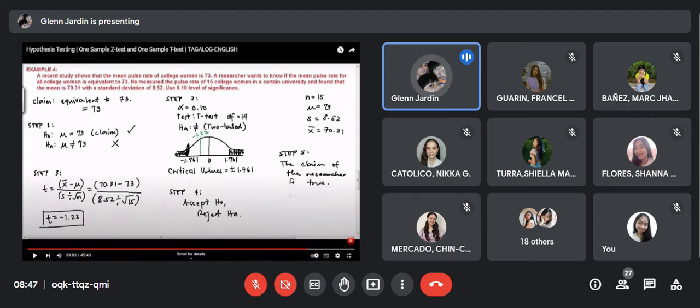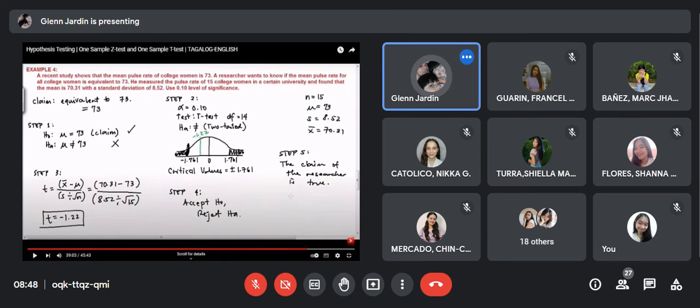So, therefore, our study again is two-tailed, kasi automatically kung ang claim nila is equal to 73, ang ating H sub A is not equal to 73. So hindi natin alam kung greater than or less than, kaya two-tailed siya. Yun ang determining factor kung two-tailed or one-tailed ang ating exam.